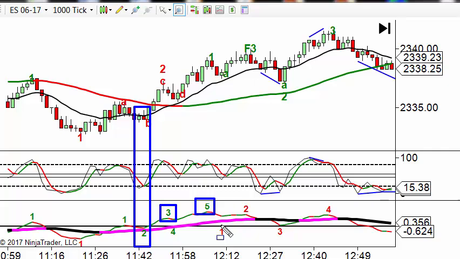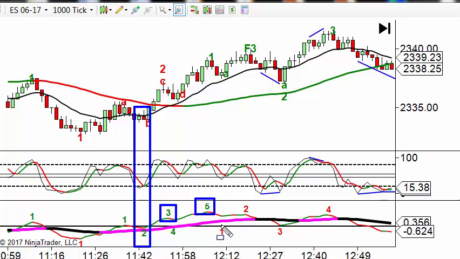And the answer is no, because momentum is non-correlated to price in the sense that they're not directly correlated, and it's faster. So momentum will make a lot of different moves within a trend. It can move against a trend and not change the trend, because it can sometimes be short-term shifts and other times long-term shifts.